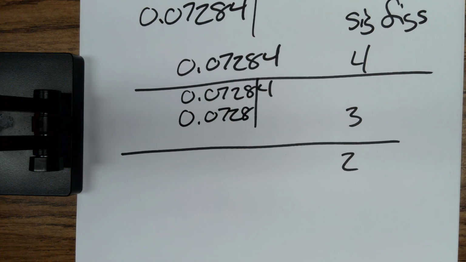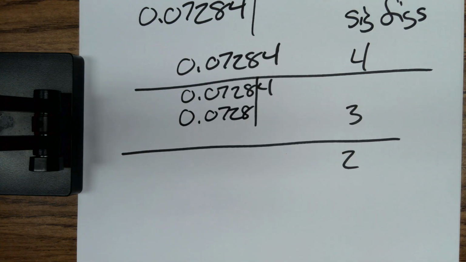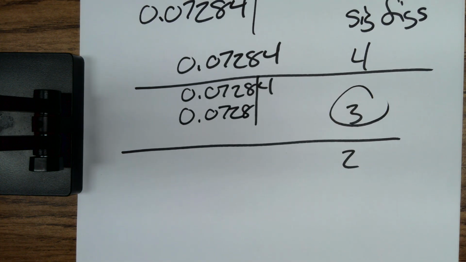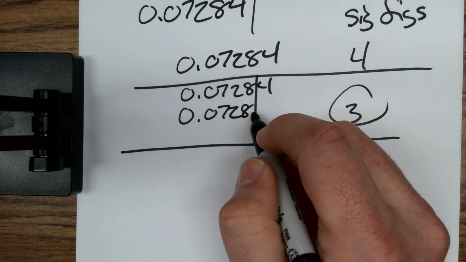Question. Do I put a 0 here? Why would I not put a 0 there? I did it for the other ones. It would make the 0 significant, right? And I'm told to round to 3 Sig Figs, right? 1 Sig Fig, 2 Sig Figs, 3 Sig Figs.